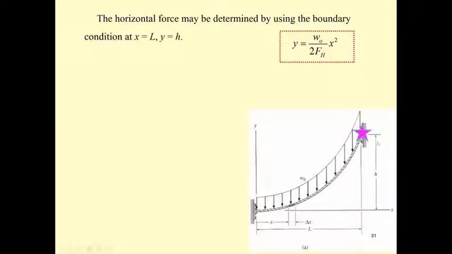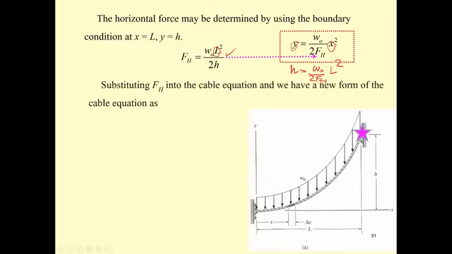That means we also have F sub H here. From this equation, at x equal to L and y equal to h, you put L for x and h for y. So h equals w0 divided by this, times L squared. You put the horizontal force up and the sag down, and you get this equation.